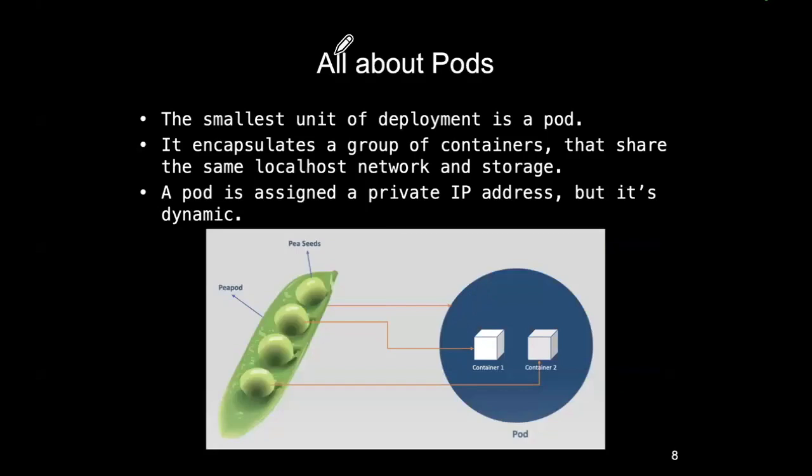So Kubernetes is all about pods, running pods. So what's a pod? A pod is the smallest unit of deployment. So we deploy a pod to a worker node, strictly speaking, even though for this module, and more generally, a pod is just a single container.